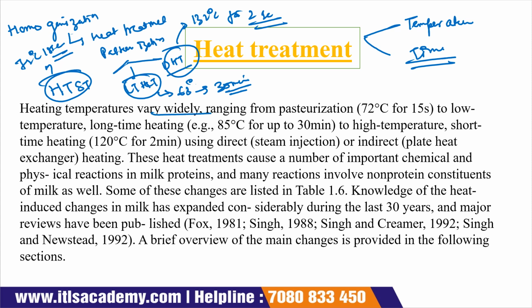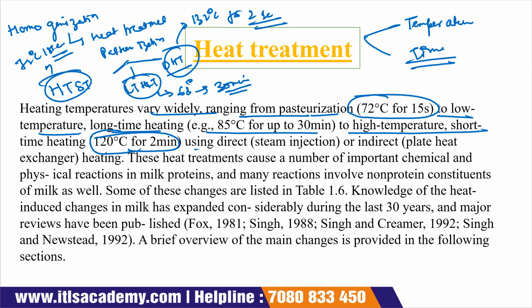Heat treatments vary widely, ranging from pasteurization at 72 degrees Celsius for 15 seconds, to a low temperature longer time, for example 85 degrees Celsius for 30 minutes, to a higher temperature shorter time, that is 120 degrees Celsius for 2 minutes, using direct or indirect heat.